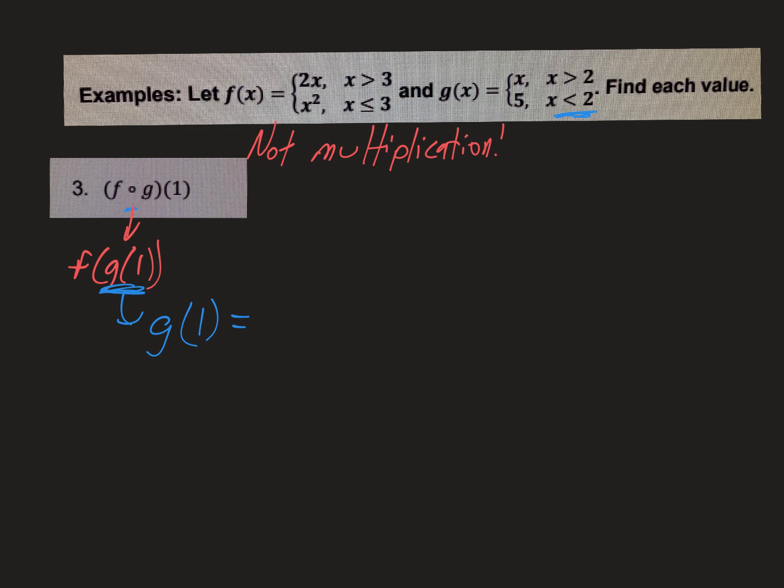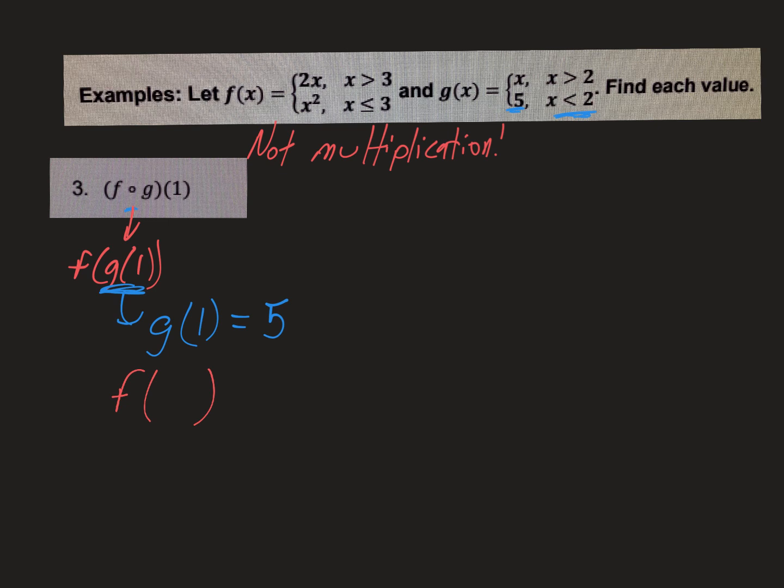Okay, so 1 being less than 2 means my function just says 5. Whoa. No x, nowhere to plug it in, right? So the value is actually just 5. All you have to do is put 5. We don't have to do any math there. Okay, so awesome. Now we've got g of 1 done. Let's take a look at what if I plug that in again for my f. So now that we've solved g of 1, we know that this is f of 5.